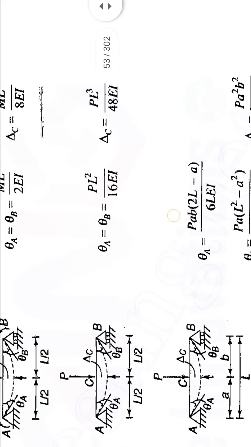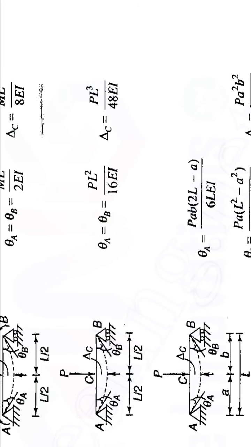Whereas for the same simply supported beam, if we have a point load at center, then theta a and theta b will be PL square by 16EI. Delta is PL cube by 48EI.